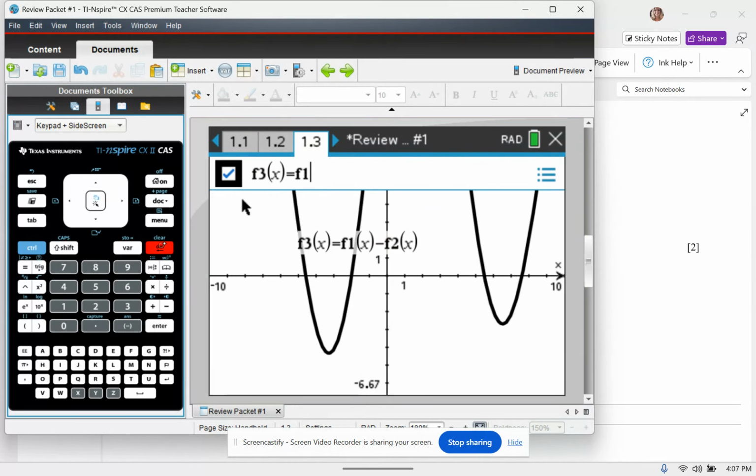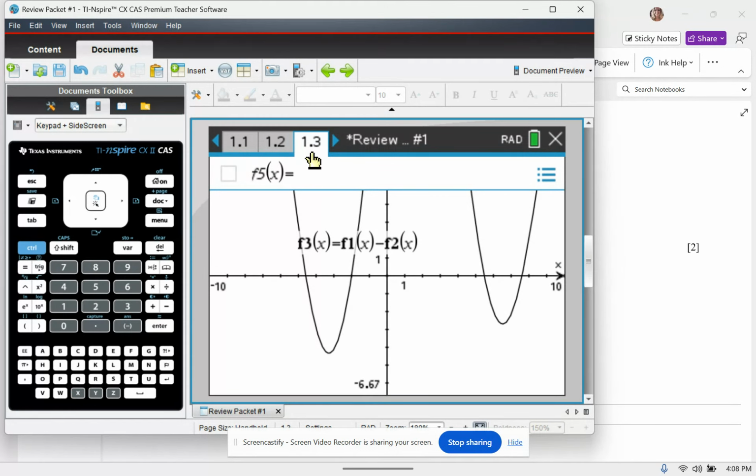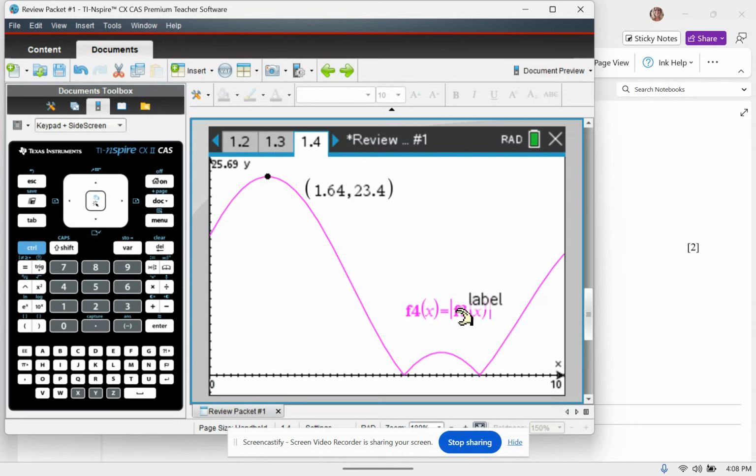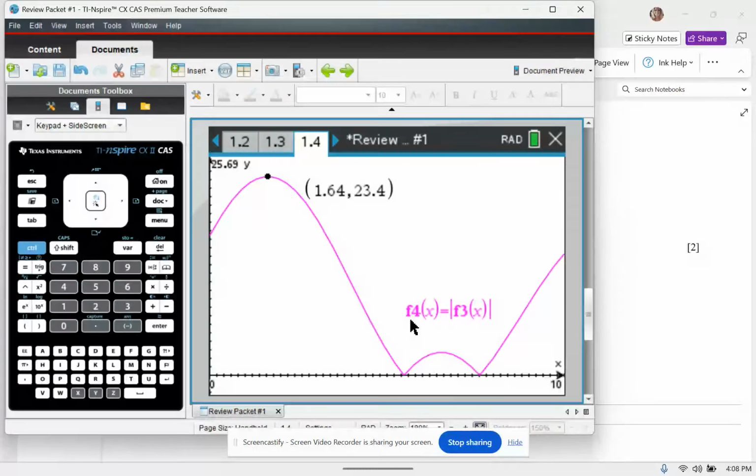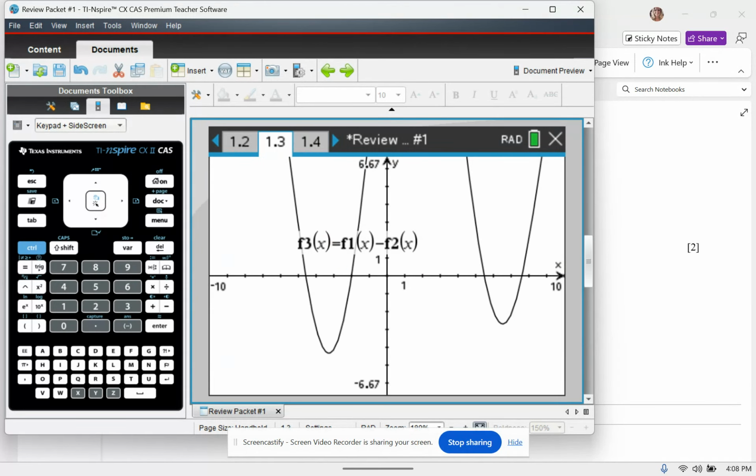So I do var f1 of x minus var f2 of x. Okay, and you get that. And then that brings me to the third graph where I have f3 of x equal to f1 of x minus f2 of x. That's the vertical distance, and then I take the absolute value so it's super easy to see where the vertical distance is happening.